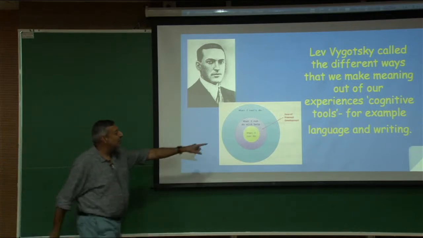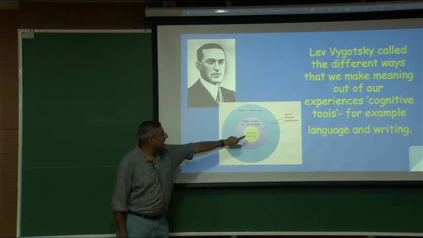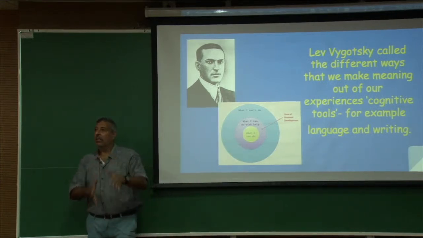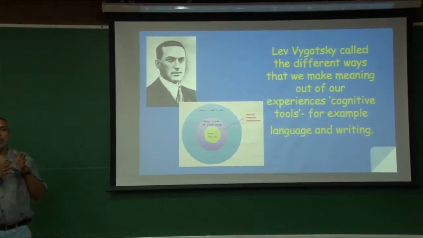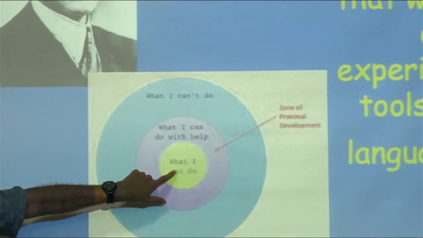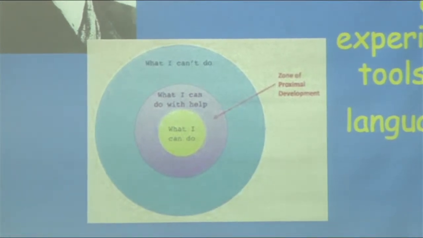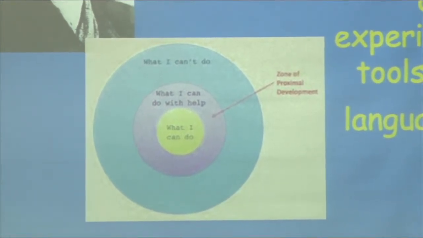So that sweet spot, when you're a teacher, is so important, because if you pitch your ideas in the middle of the circle, which is what I can do already, then you stand a chance of your students getting bored.